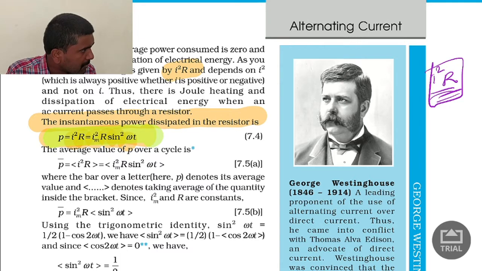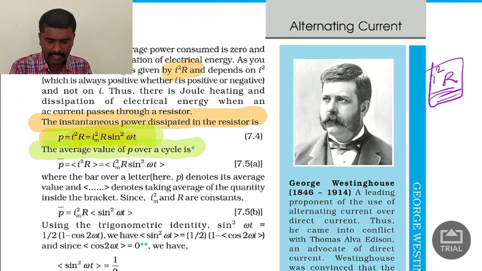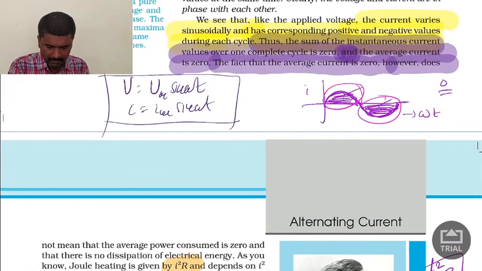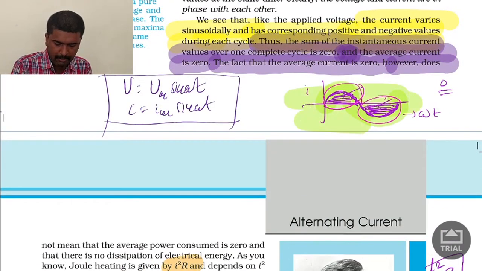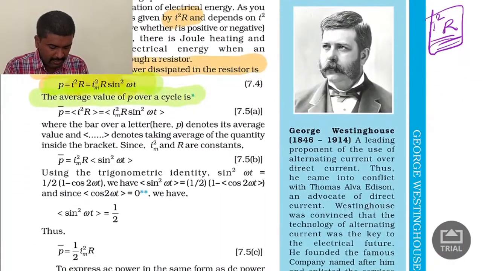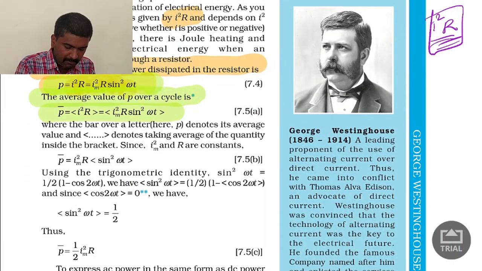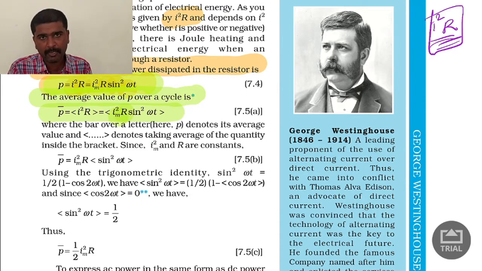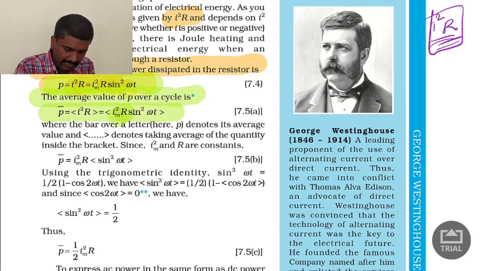When you compute average power over a cycle, from 0 to 2 pi, with power equal to I square R, Im is constant here, R is also constant, so Im square will be constant. Then you have to take the average of sin square omega t.